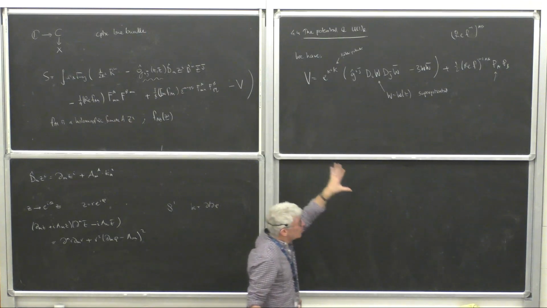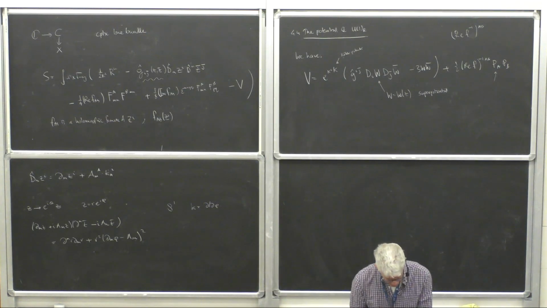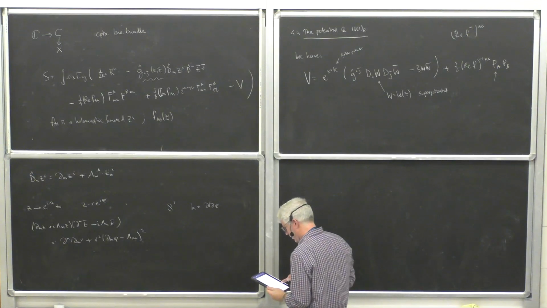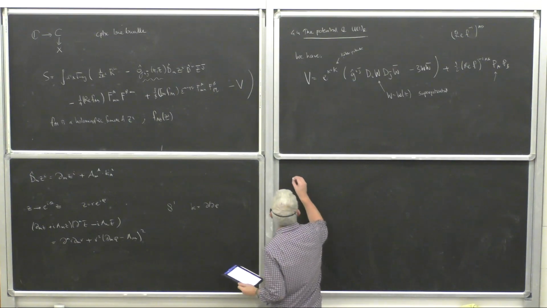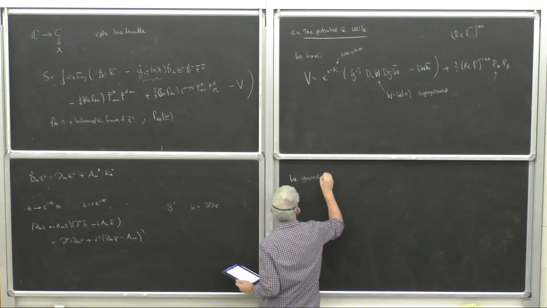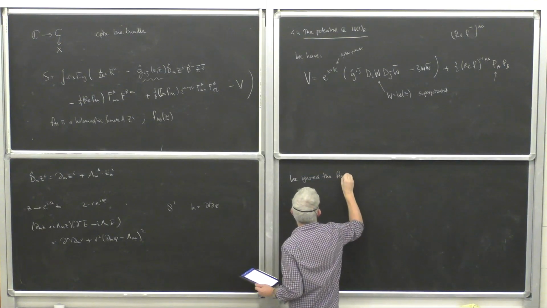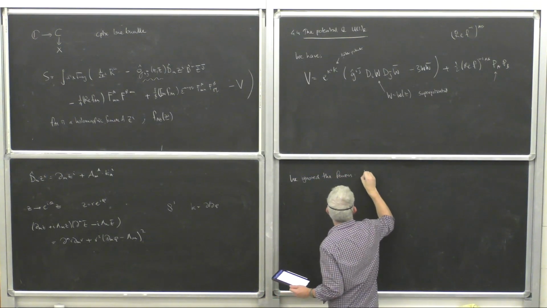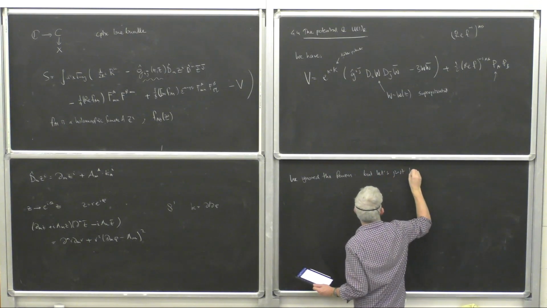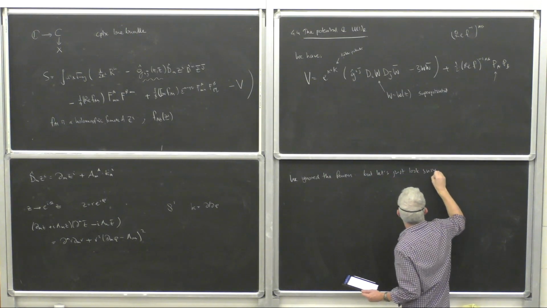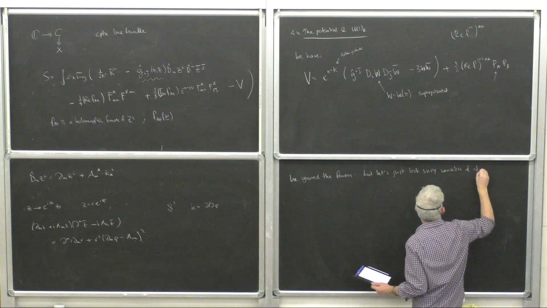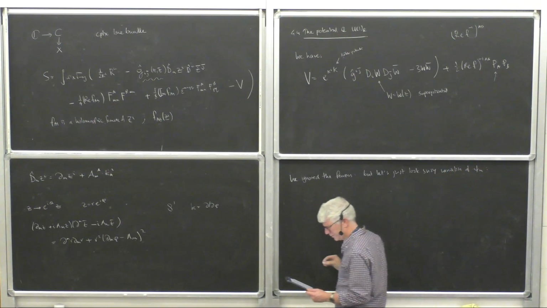All right, so we know what all the ingredients are. I just wanted to say one more thing. We ignored the fermions, but let's look at the SUSY variation of the gravitino.